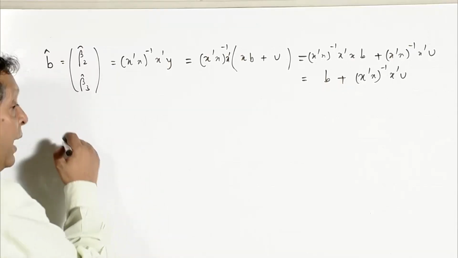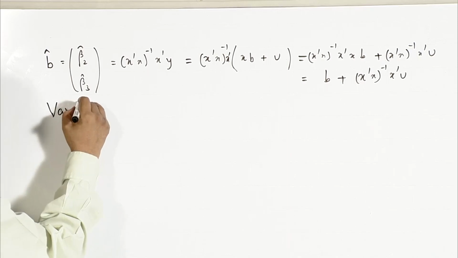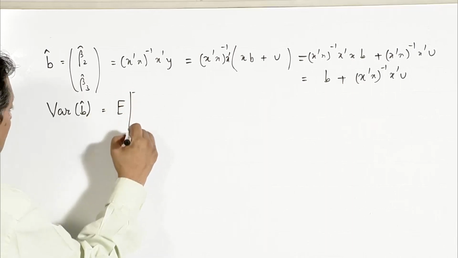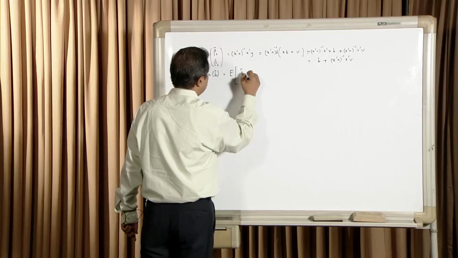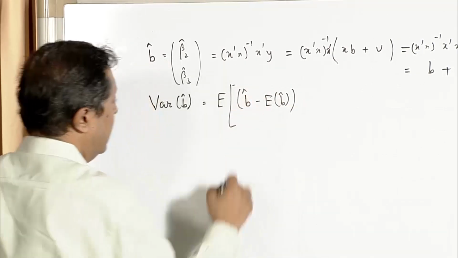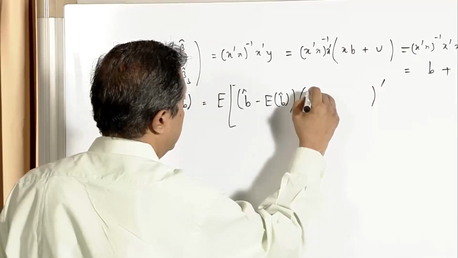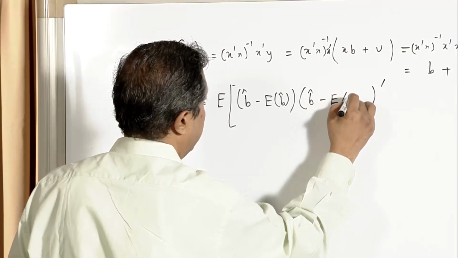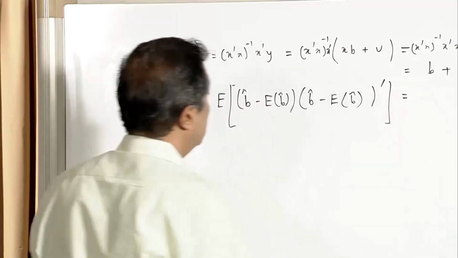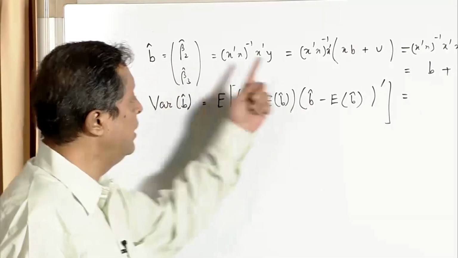Therefore, by definition, viewers, the variance of b hat is given as the expectation of b hat minus expectation of b hat, times the transpose of this. If you look carefully, b hat minus expectation of b hat means b hat minus b.